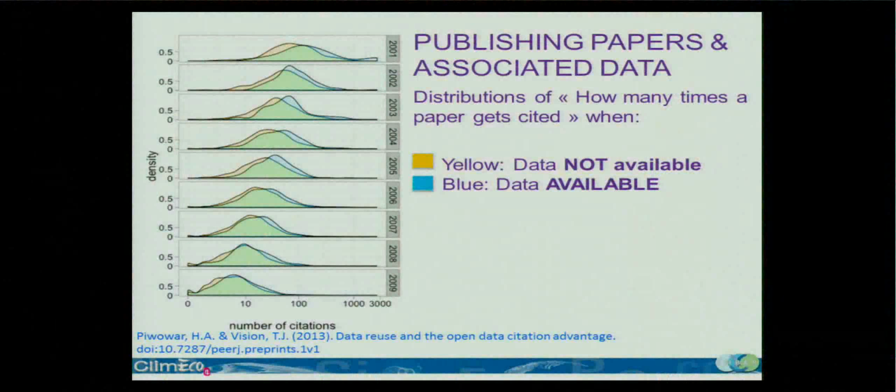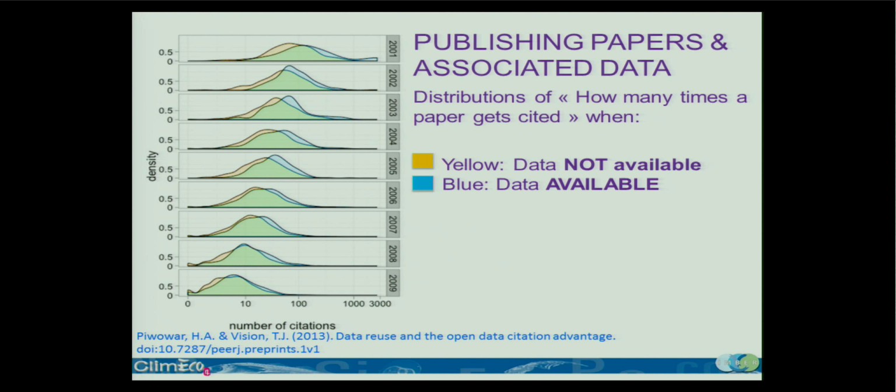This shows the number of citations for papers published from 2009 back to 2001, so older papers and more recent papers. You have two curves. The yellow one is citations of papers that did not include data, for which the data was not available.